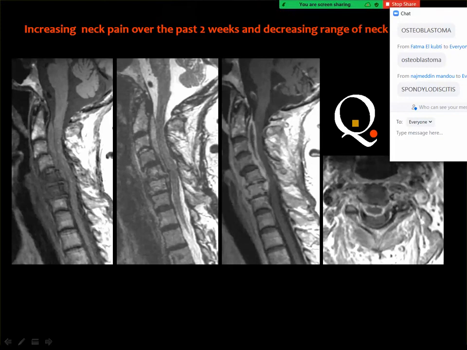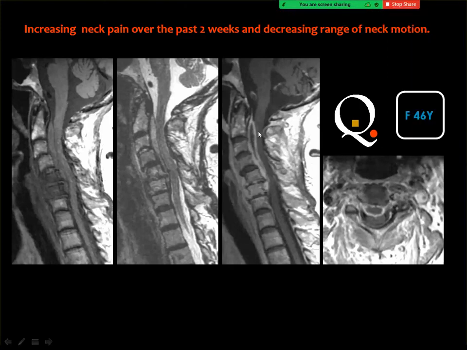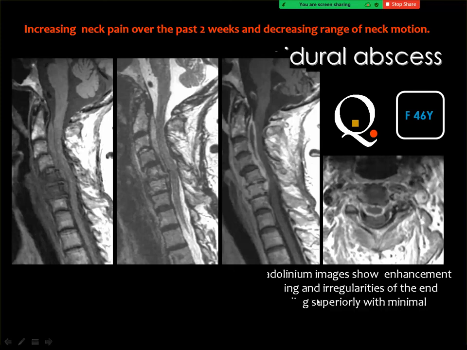Spondylodiscitis, right, with a very important lesion that should be mentioned, and this is an epidural abscess. You see the enhancement of the collection anterior to the spinal cord, and this is spondylodiscitis at C5-6 level, with extension inside the spinal canal as well as in the prevertebral area with the formation of epidural abscess.